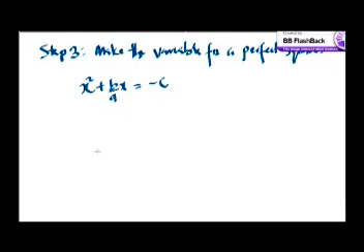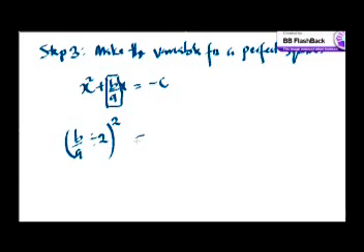Now this is the manipulation you do. This middle coefficient, the coefficient of the term x, you divide it by 2 and square it, so it becomes b over a divided by 2, all squared. This is the value that should be added to make it a perfect square.